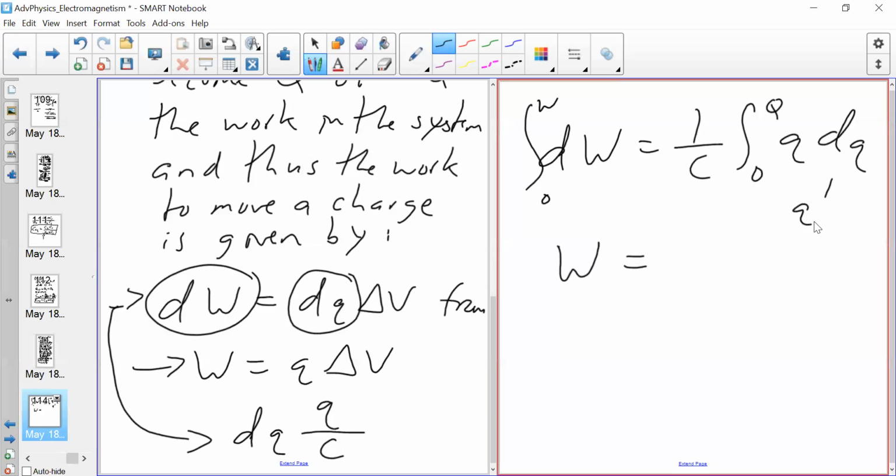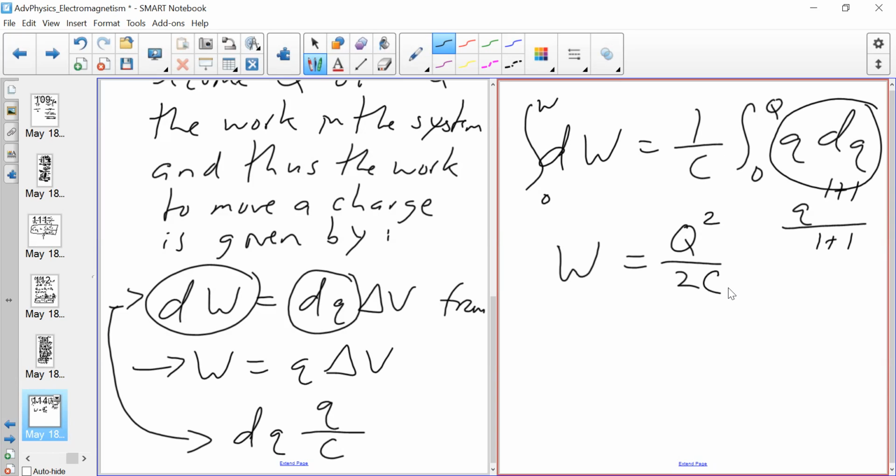And so we know by analysis of the antiderivative that this is going to be 1 plus 1 divided by 1 plus 1. So it'll be Q squared over 2, which is the result of this, times 1 over C.